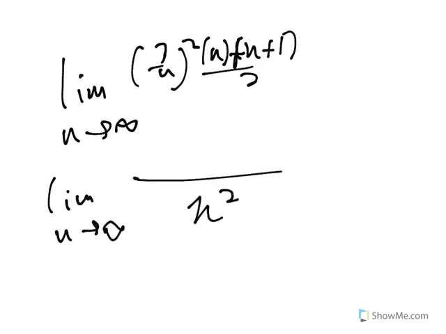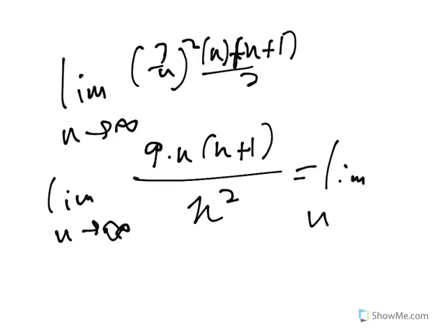To make this look more like what we've been doing, and I'll even go one step further, although you won't need to do this full simplification, but I think it will help us understand 9n squared.